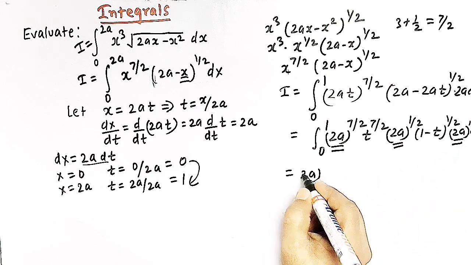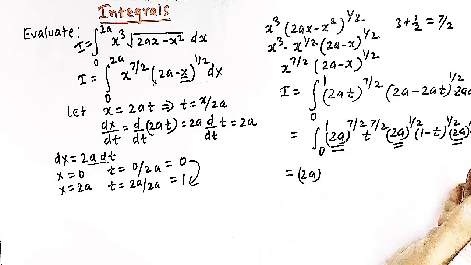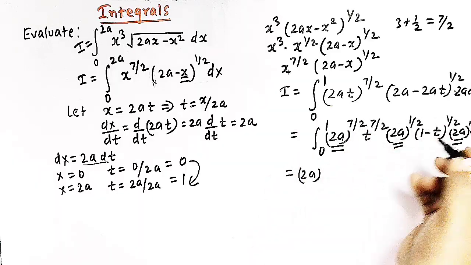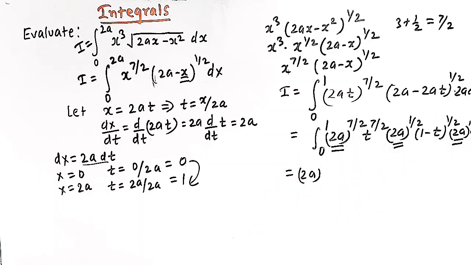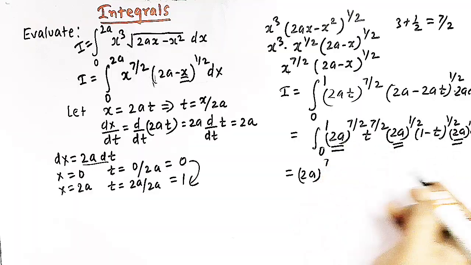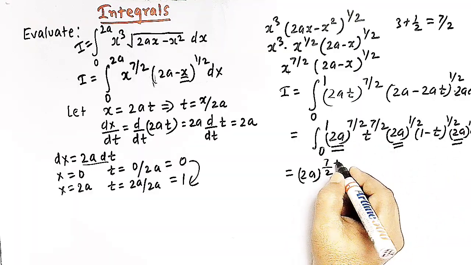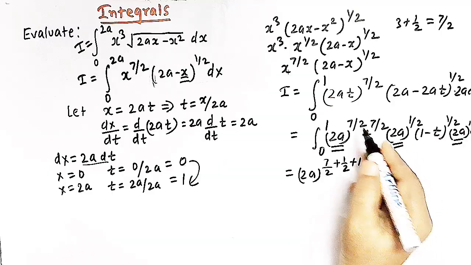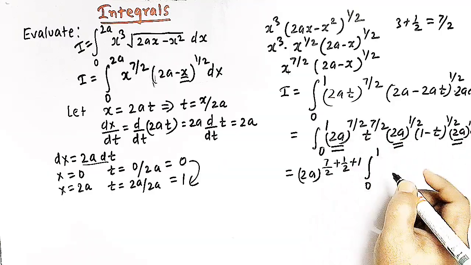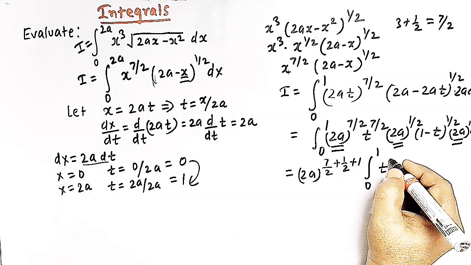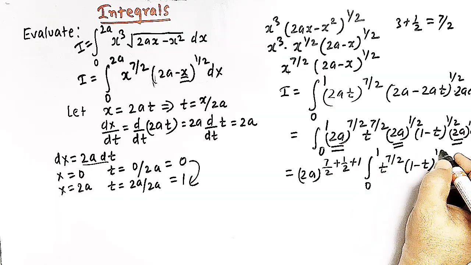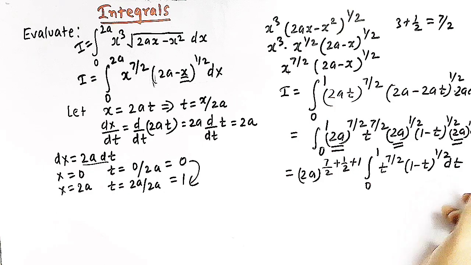We can take all these three terms outside the integral and add the exponents by using the laws of exponents, because the bases are the same. So we have 7 over 2 plus half plus 1, and the integral from 0 to 1 of t raised to 7 over 2 times 1 minus t raised to half dt.